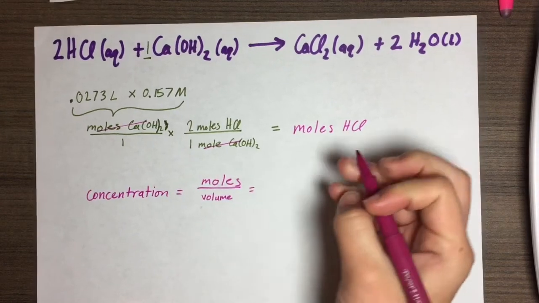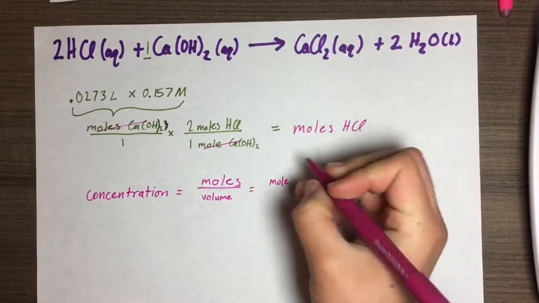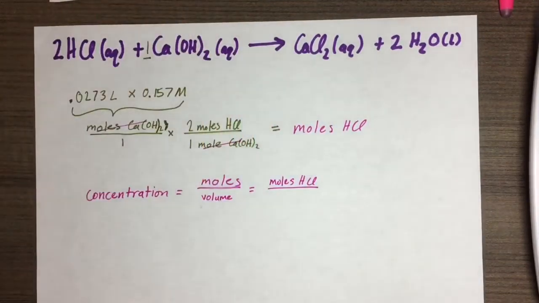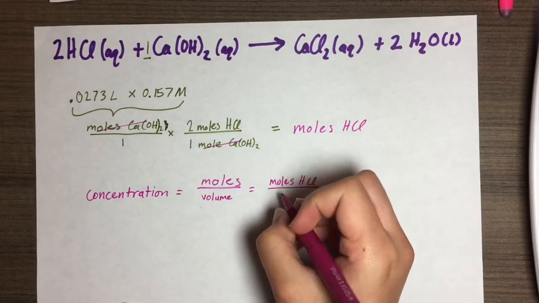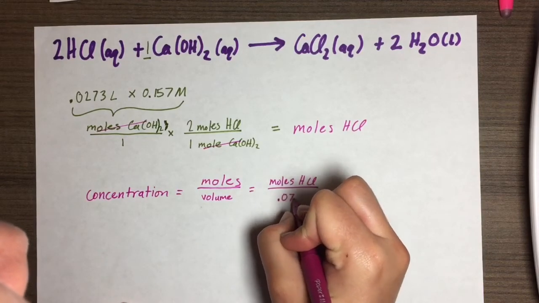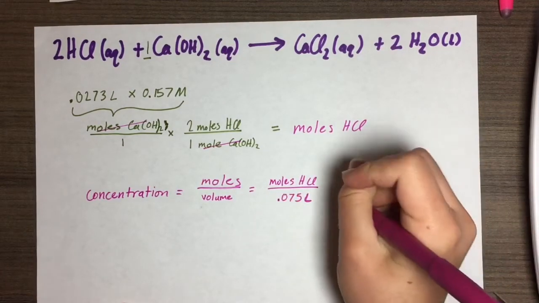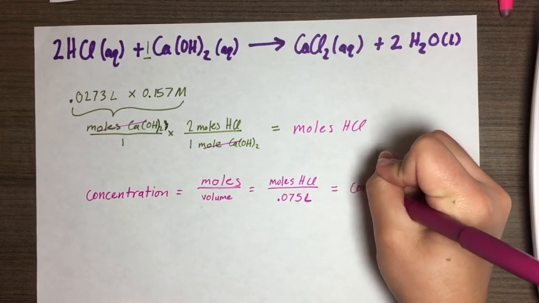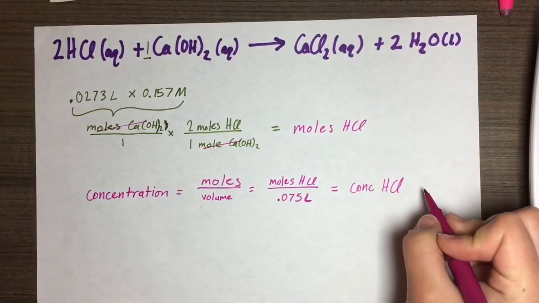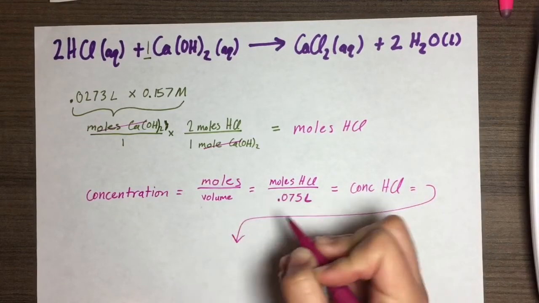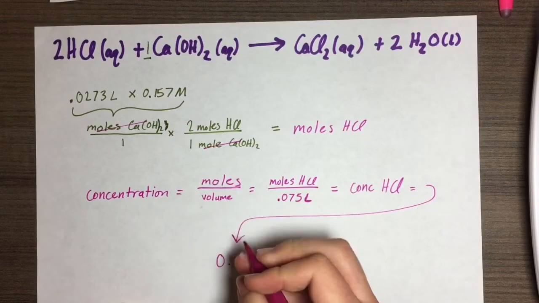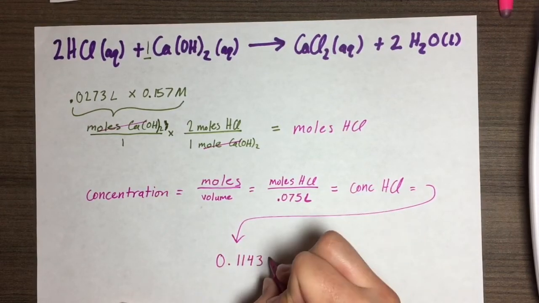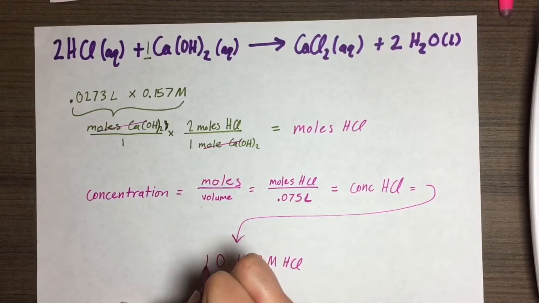I'm going to plug in the moles of hydrochloric acid that I solved for over the 0.075 liters that was given to me at the beginning. And that will give us the concentration of hydrochloric acid, which in total should be, when you plug it into the calculator correctly, 0.1143 molarity of hydrochloric acid.